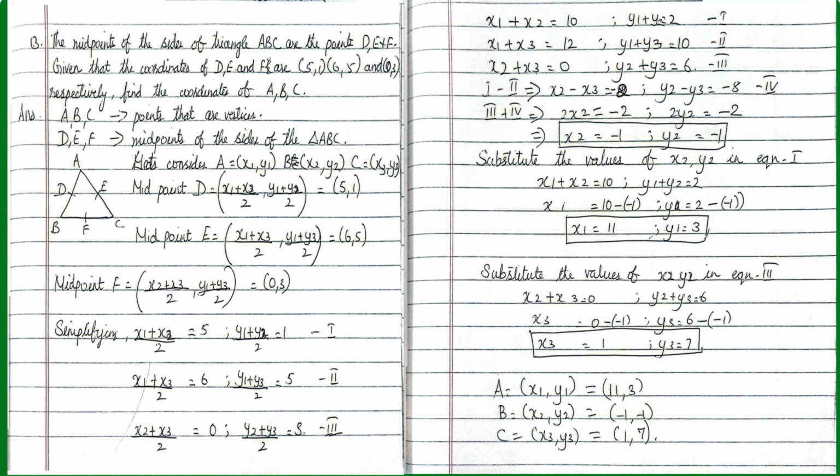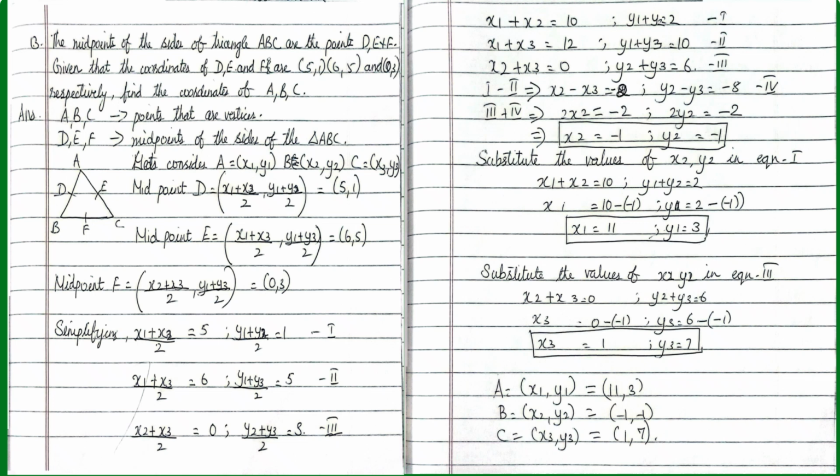Now we need to do equation 1 minus equation 2. We have x1 in both the equations, so it gets cancelled out and we get x2 minus x3 is equal to minus 2, y2 minus y3 is equal to minus 8. Assume this to be equation number 4.